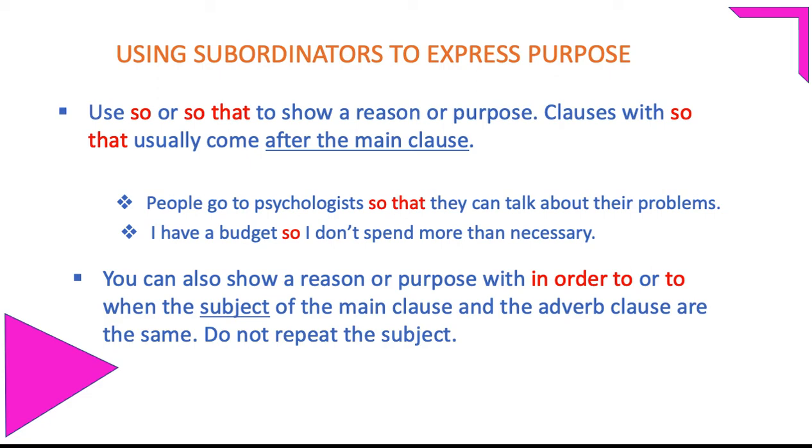You can also show a reason or purpose with in order to, or when the subject of the main clause and the adverb clause are the same. Don't repeat the subject. I go to the supermarket to buy food, or I go to the supermarket in order to buy food.